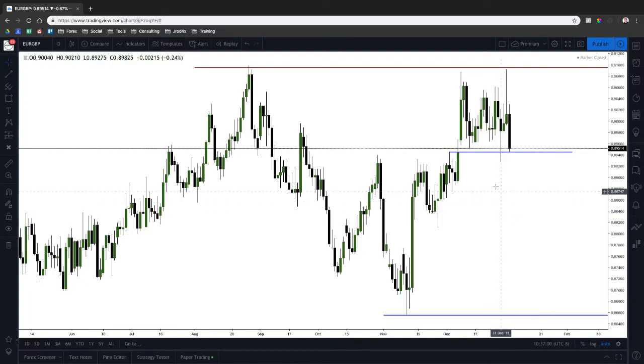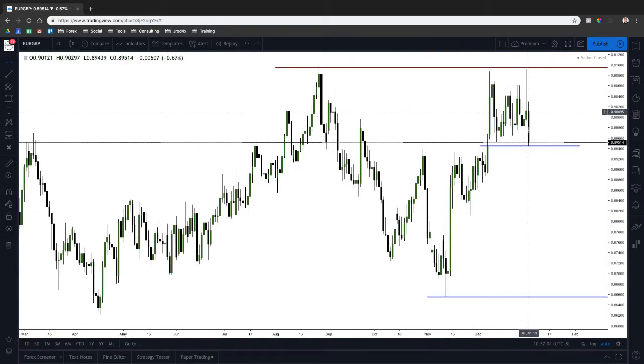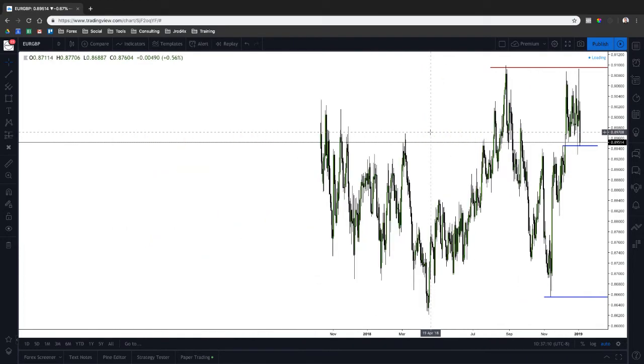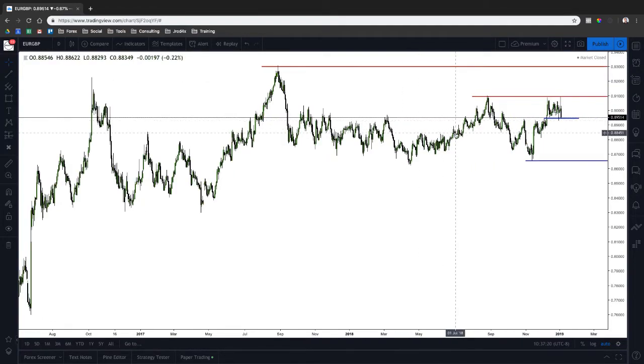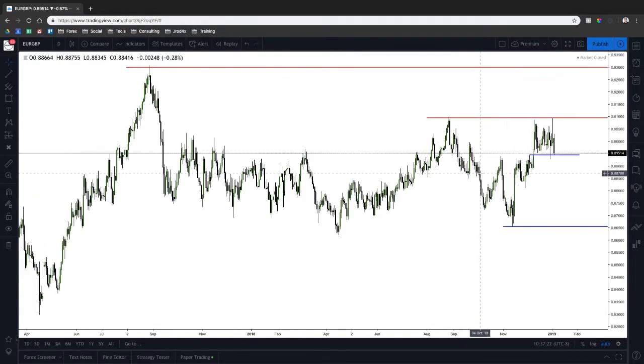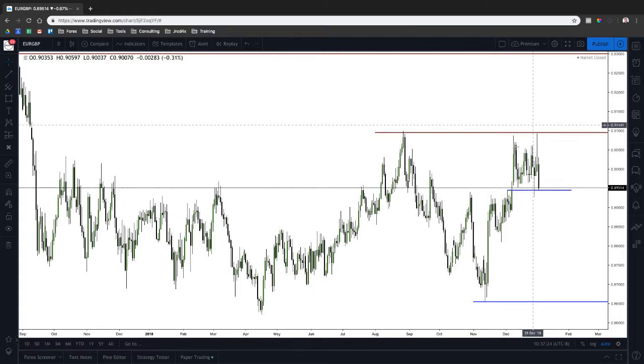So we will see in terms of what we get, but I'm again leaning more towards a bullish EURGBP, just based on the liquidity that's built up above it, and the fact that we're all the way at the top of this range. I think that we're going to continue pushing higher, but again what I think doesn't have to happen. So based on the technicals though, that's what I see, and that's what I am going to be trading in line with.